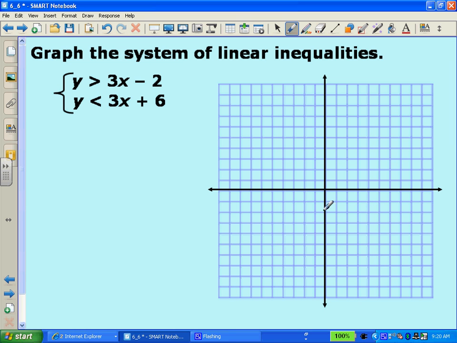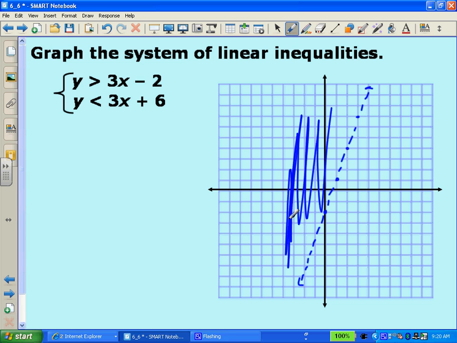So the first line here starts at -2. It has a slope of 3, so up 3/1. This one's got to be a dashed line. And it's greater than, so it gets shaded above. And then the second one here starts at 6. It has a slope of 3.